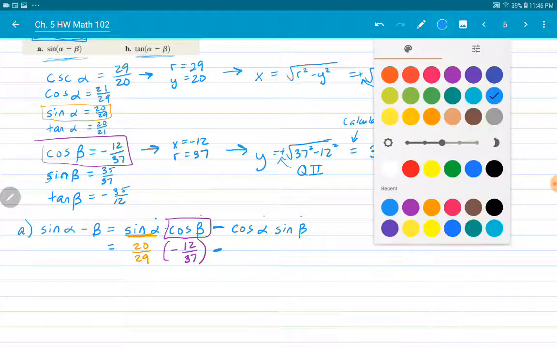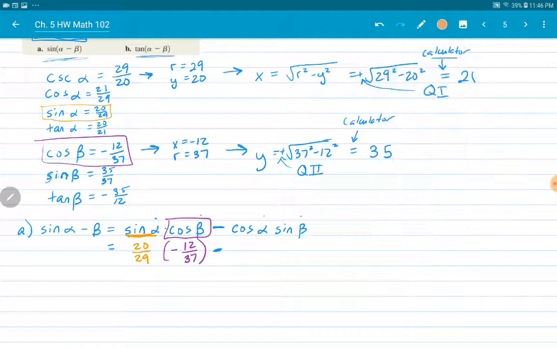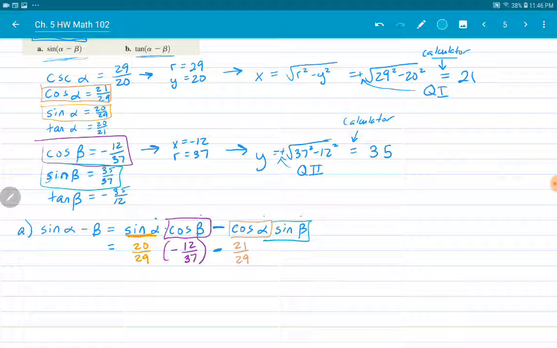Minus, and then the cosine of alpha is up here, 21 over 29. And I know sine of beta is 35 over 37.